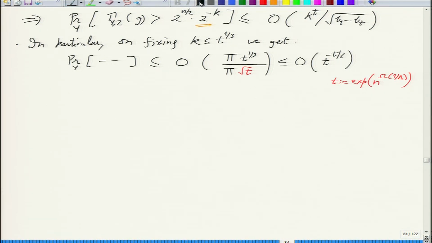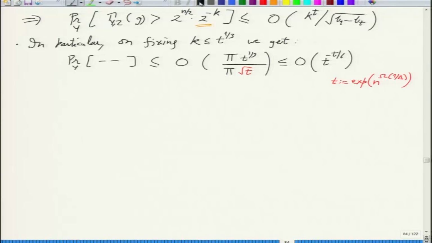So think of t as 2 raised to n raised to 1 by delta. So for that larger t, your t raised to minus t will be correspondingly small, so the probability will be small. So why did we fix the measure to be less than t to the 1 by 3? Why did we fix k? I guess it will all work out in the end, right?